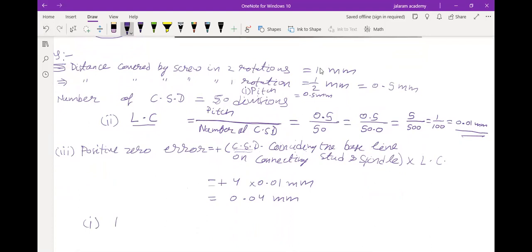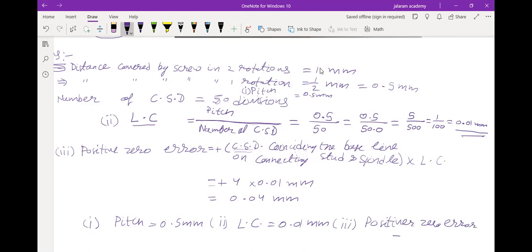Like first, pitch equals 0.5 mm. Second, least count equals 0.01 mm. Third, positive zero error, or we can write only zero error.